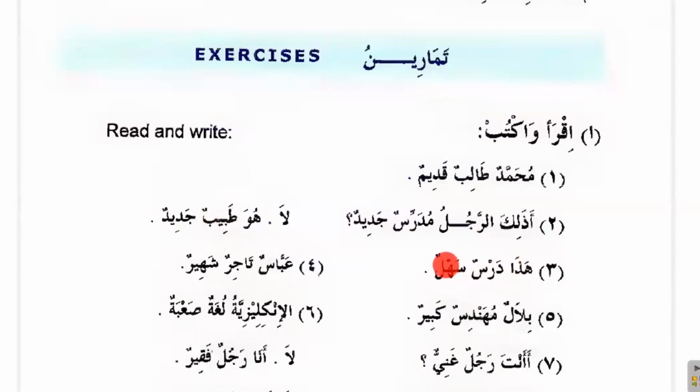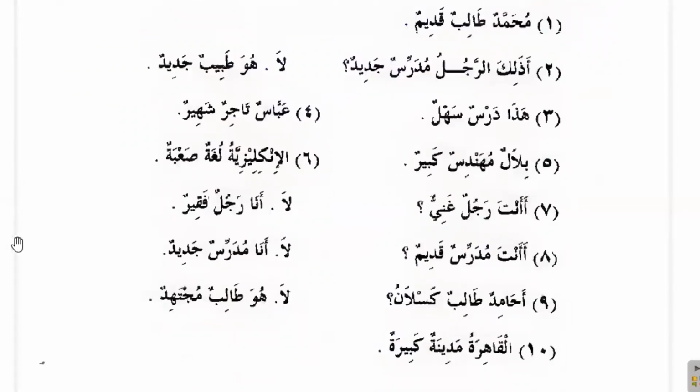Hadha darsun sahlun. This is an easy lesson. Of course, this lesson is easy, right? Very easy. Just na'at wa man'ut, the adjective and then the qualified noun. Abbas tajirun shahirun.